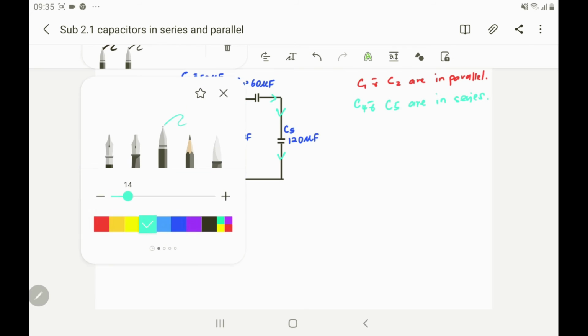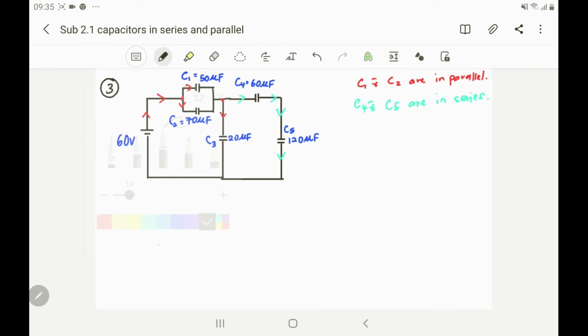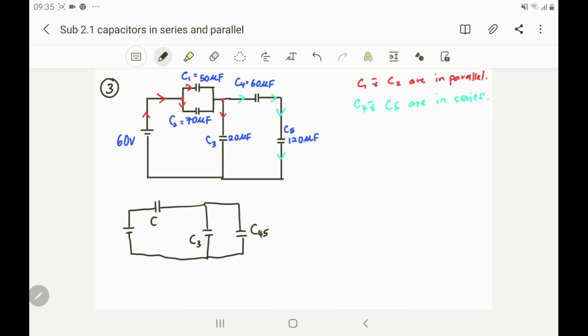So when we combine C4 and C5, you can look at here, we need to simplify. So this is in parallel. This is C4 and C5, and this is C3 and this is C12.